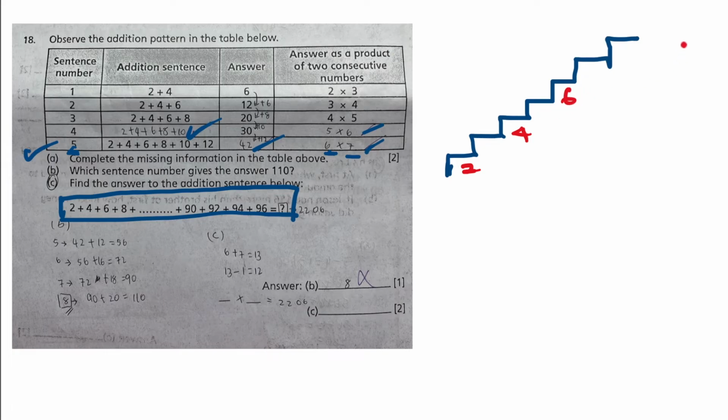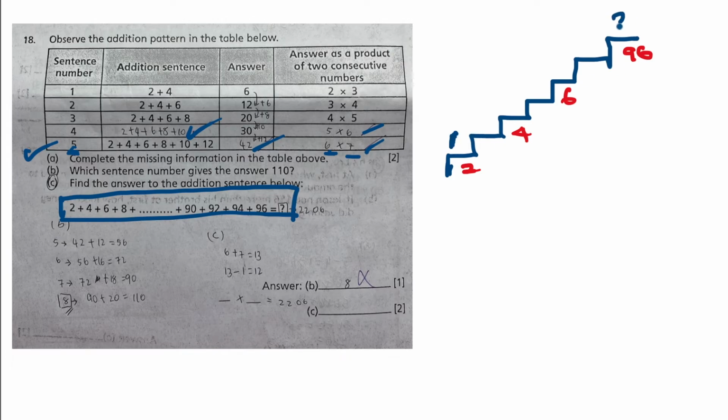Okay. And you know that the top number is actually 96. So my sentence number here is number 1. In this case, my sentence number here is number 1. I put number 1.